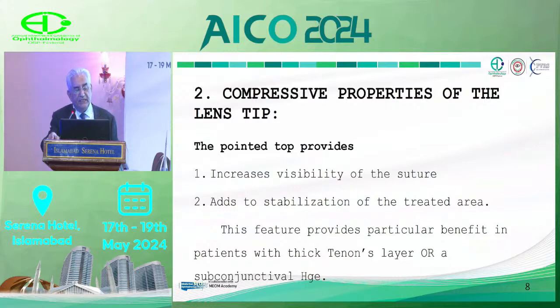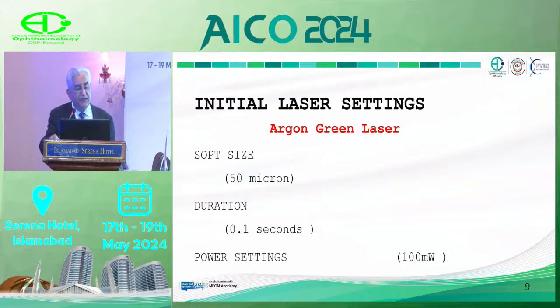This feature provides particular benefit in patients with a thick Tenon's layer or a subconjunctival hemorrhage. These are the settings that you use: 50 micron spot size, duration 0.1 second.